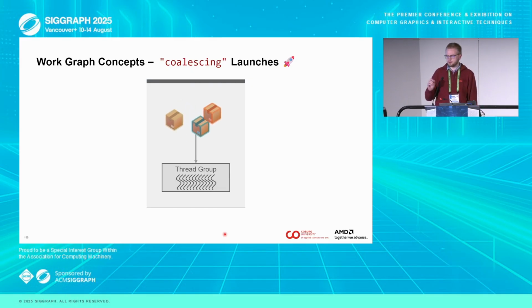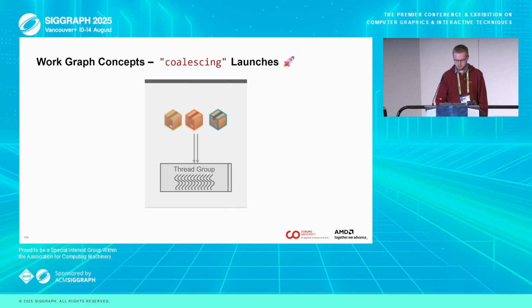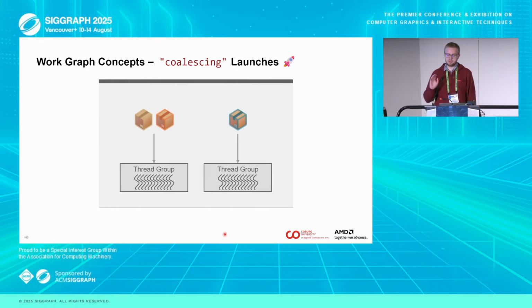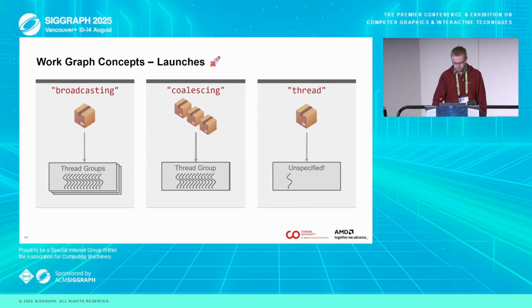Actually, the order of records is nondeterministic, but also the number of records you get. So there's no guarantee whatsoever whether a group is launched fully with all the records declared, or whether 2 groups are launched. There's no guarantee for that. So please bear that in mind when you use the coalescing launch mode. All right.